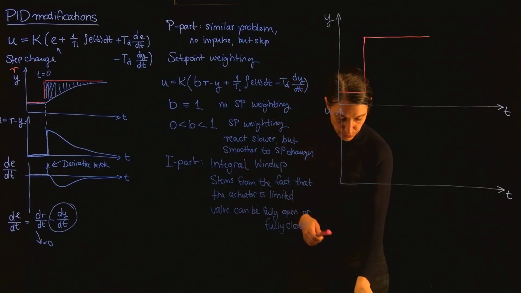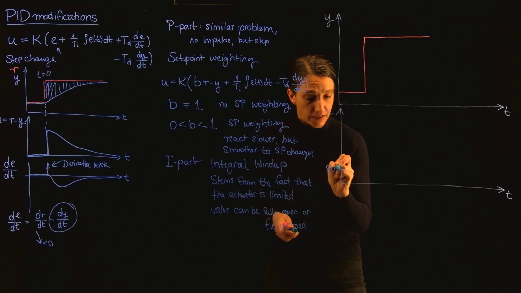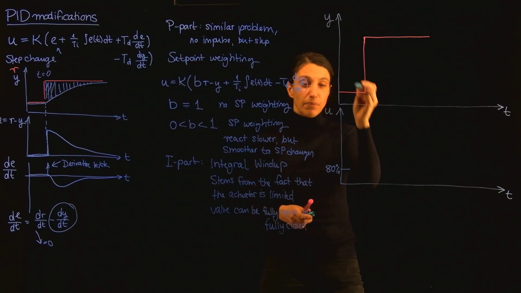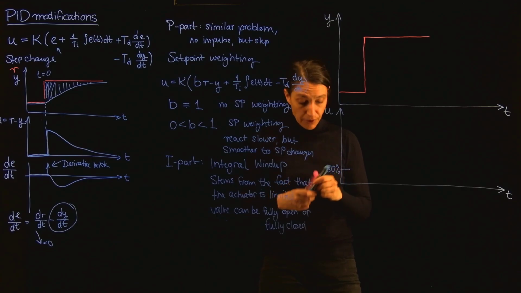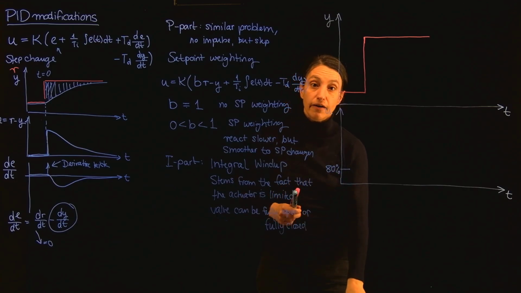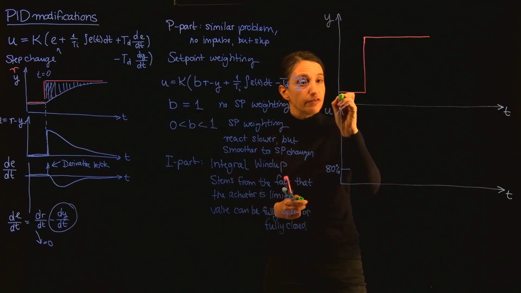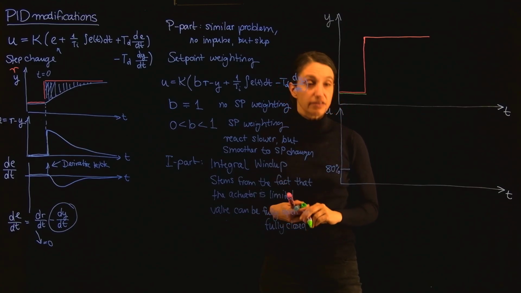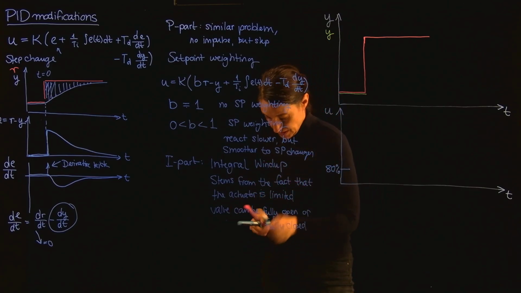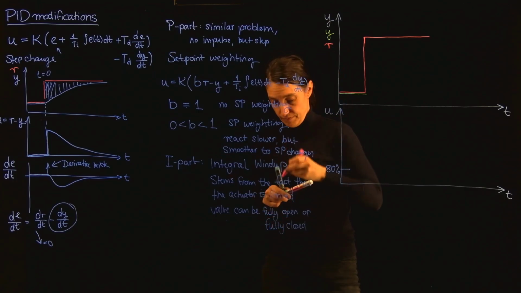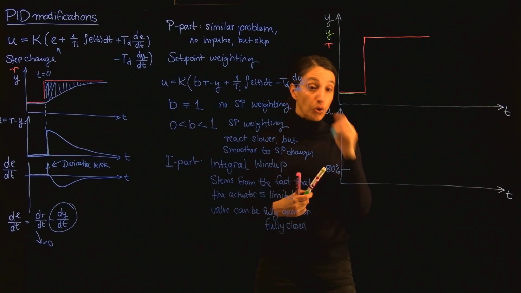I do a change in the set point, and imagine I am at a valve position that is already 80% open. I'm applying a rather big step change, so my process variable is quite far away from my set point. Pink is my set point, green is Y, and in blue I'm going to draw my controller output U.